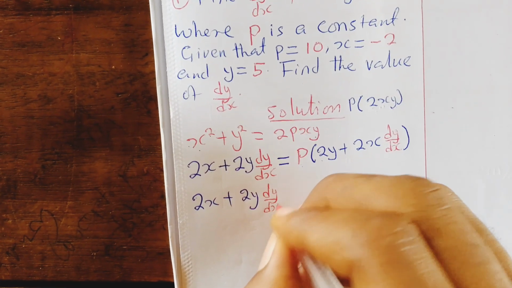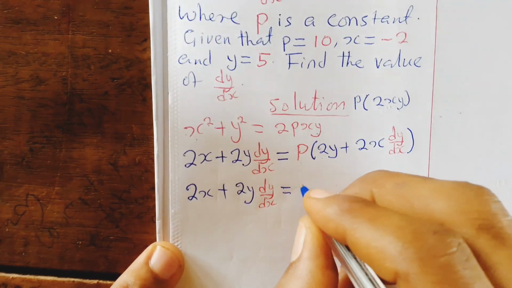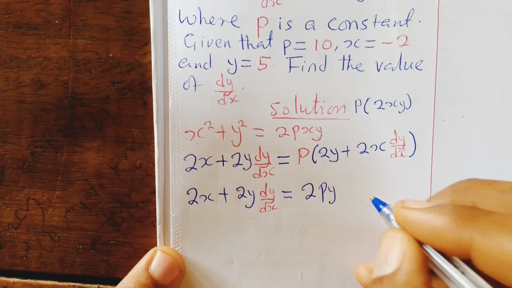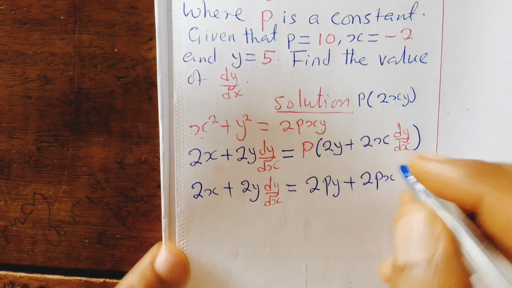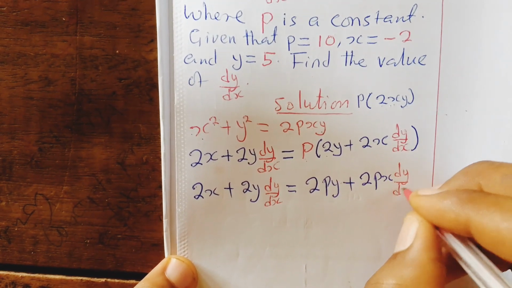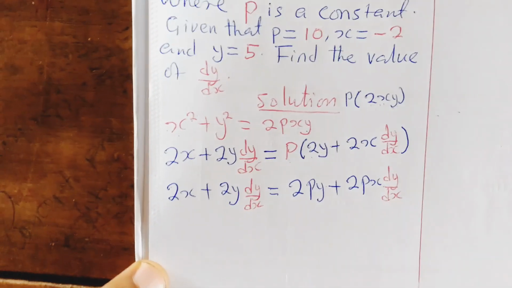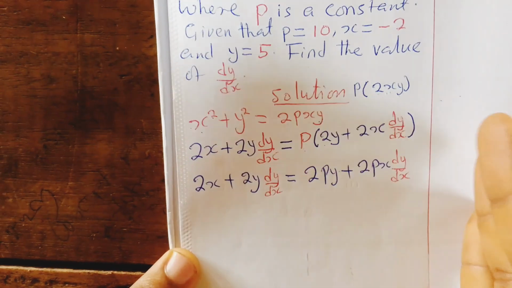dy over dx is equal to 2py plus 2px, then dy over dx. Now let me group items. Let me put dy over dx at the left side and send the other ones there.